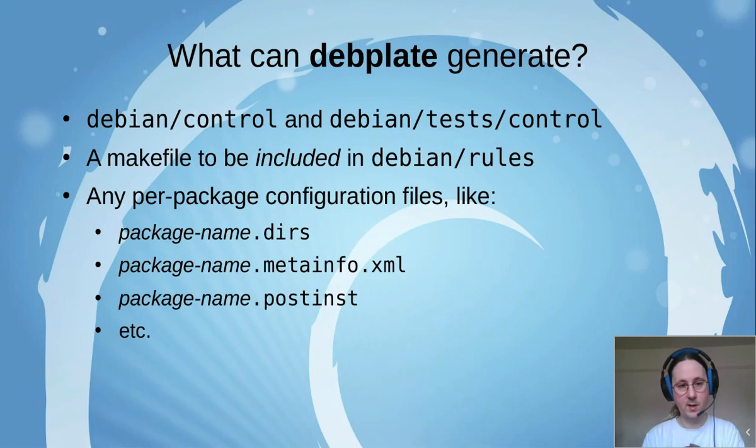And it can generate per package configuration files, which are used like those used by debhelper. So, list of examples there. Basically, any text file that starts with the binary package name can be generated from a template.